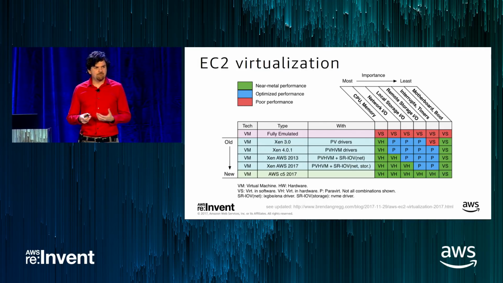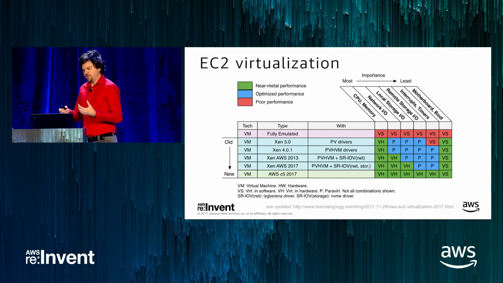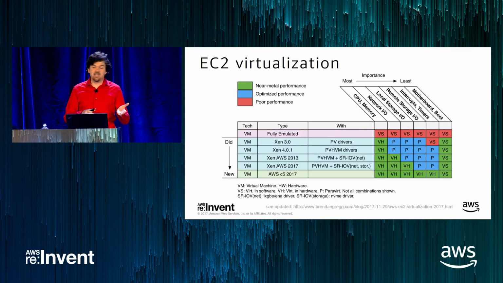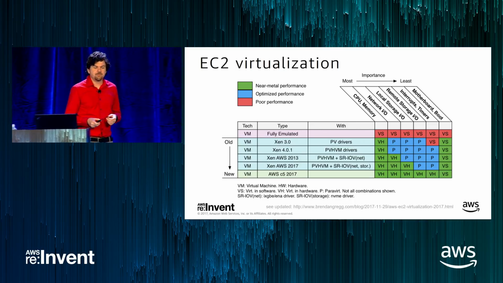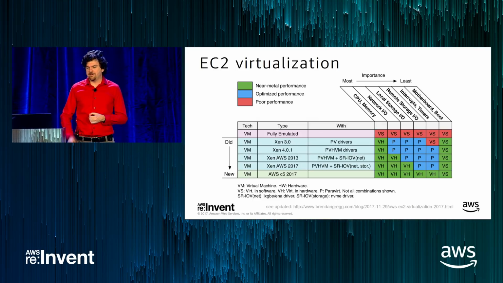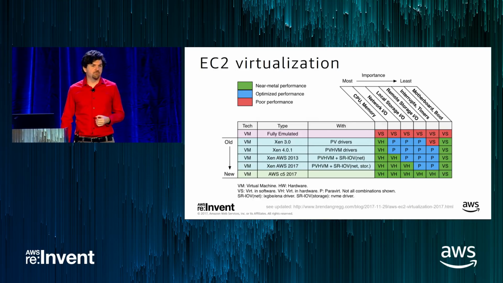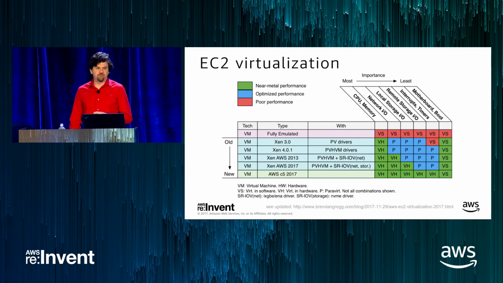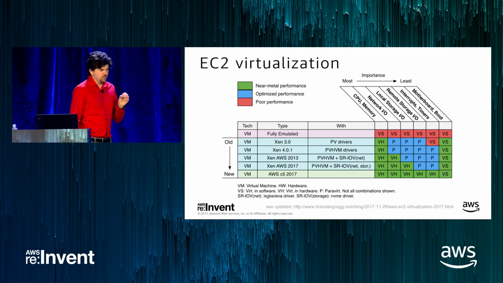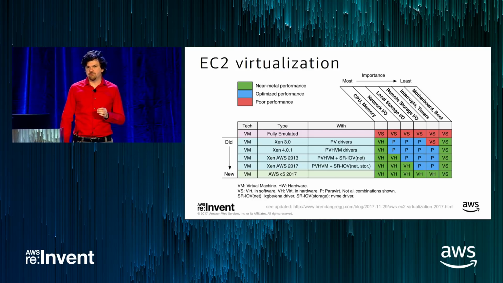But over time, both in software of the hypervisor and also in hardware for the CPUs, the network interface cards, the storage interface cards, the storage adapters, these have all come up with ways to improve performance. In software, ways to improve performance usually meant para-virtualization support.